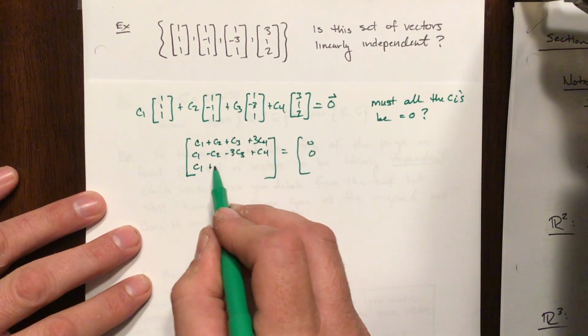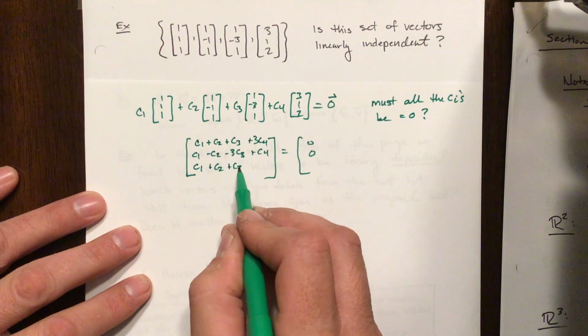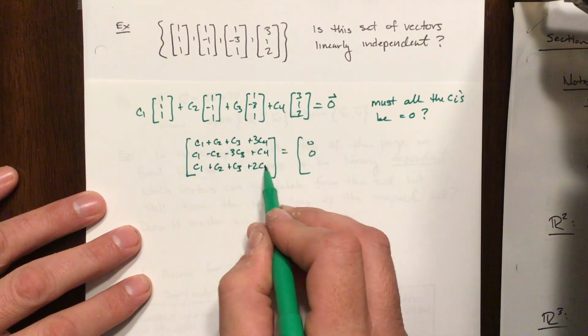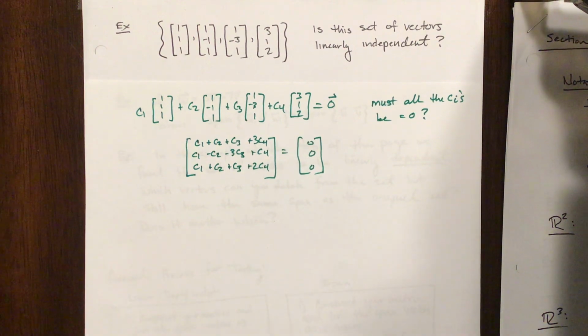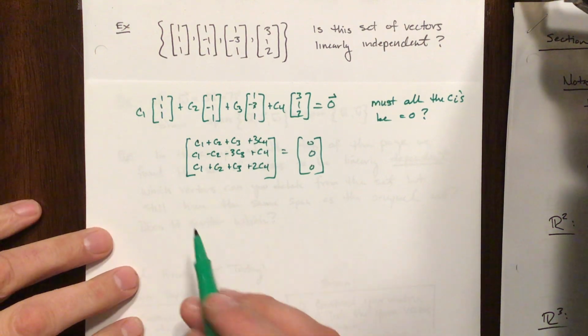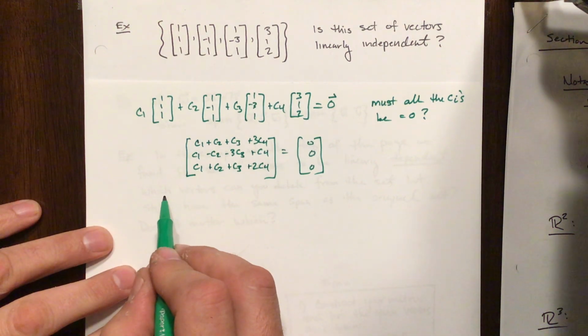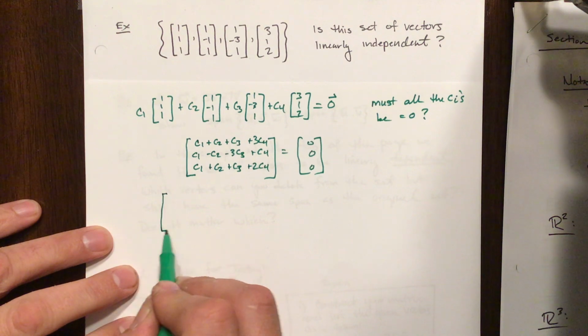And C1 plus C2 plus C3 plus 2C4 is equal to 0. This obviously is a system of equations, so we can look at this as a matrix equation.